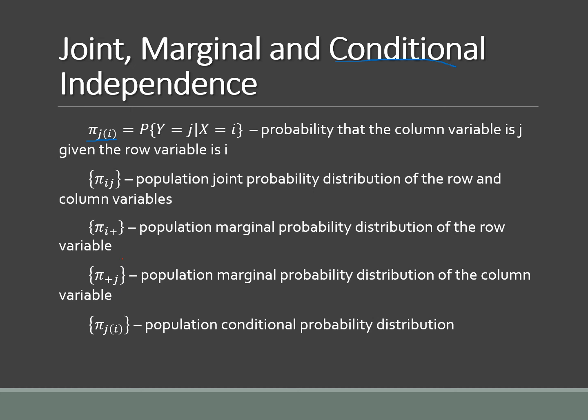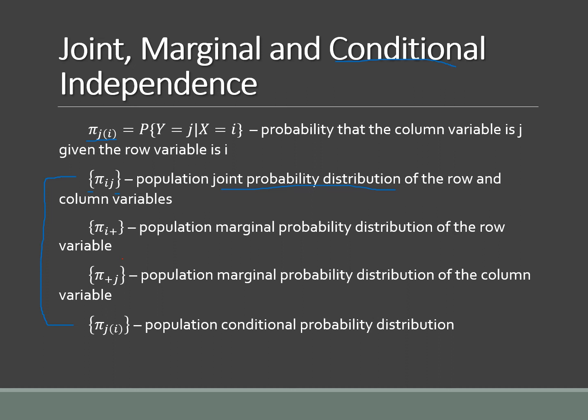Next, we will deal with these four concepts. As you could see, it is almost a repetition of pi ij, pi i plus, pi plus j, and pi j given i. But as you could see here, they are already enclosed by braces. It just means that this is already a collection of pi ij's, or this is already the joint probability distribution, meaning you would write the value of pi 1,1, pi 1,2, pi 2,1, pi 2,2, pi 3,1, and so on.